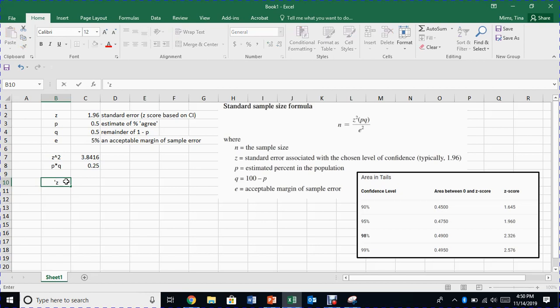We're doing z-squared times P times Q, so that when we actually hit the equal sign here, we take our value for z-squared and multiply that times the product we received for P times Q. We know we have our numerator now for this formula. Isn't that great? I love breaking down a formula like this.